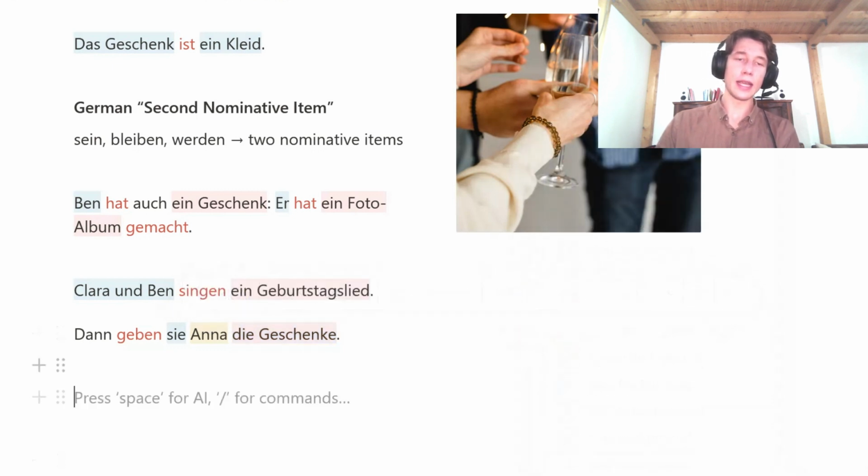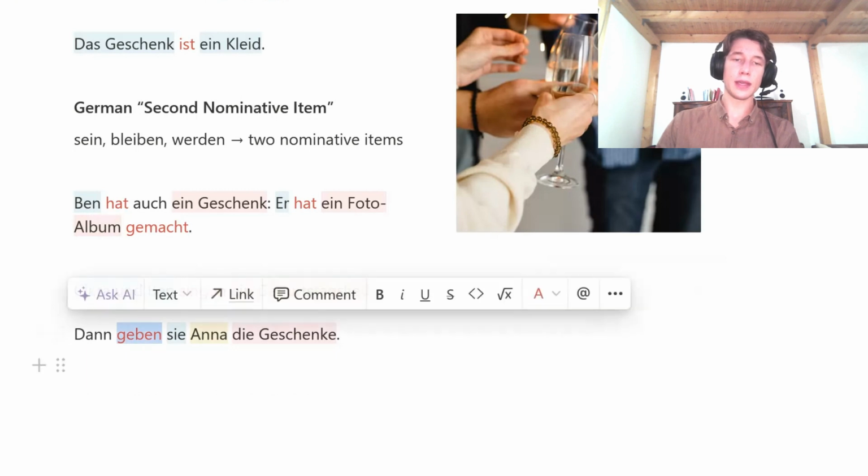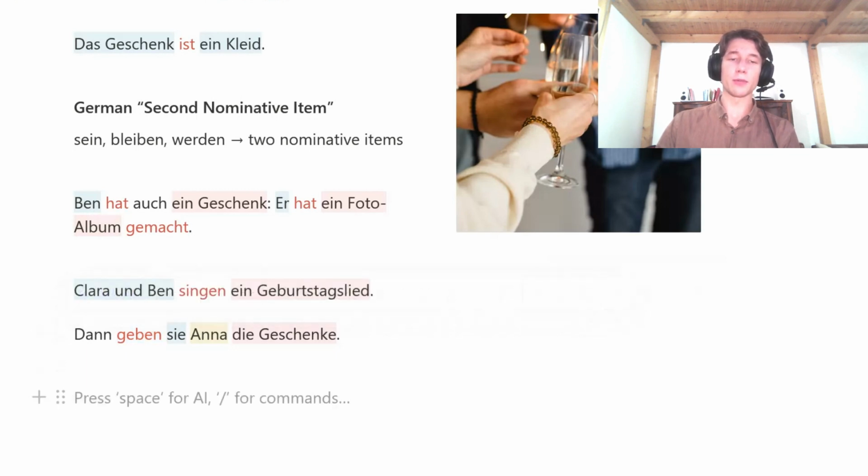Okay, so usually with geben, with giving, we have a dative object because there is someone that the thing that's being given is being given to. And the interesting thing here is that dative actually comes from the Latin word for giving because it's actually expressing that concept at its core, that something is being given to someone.